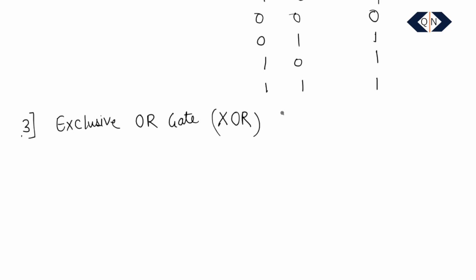Now let's talk about the third gate. The third gate is the exclusive OR gate. It is also represented by XOR gate, meaning we write XOR.